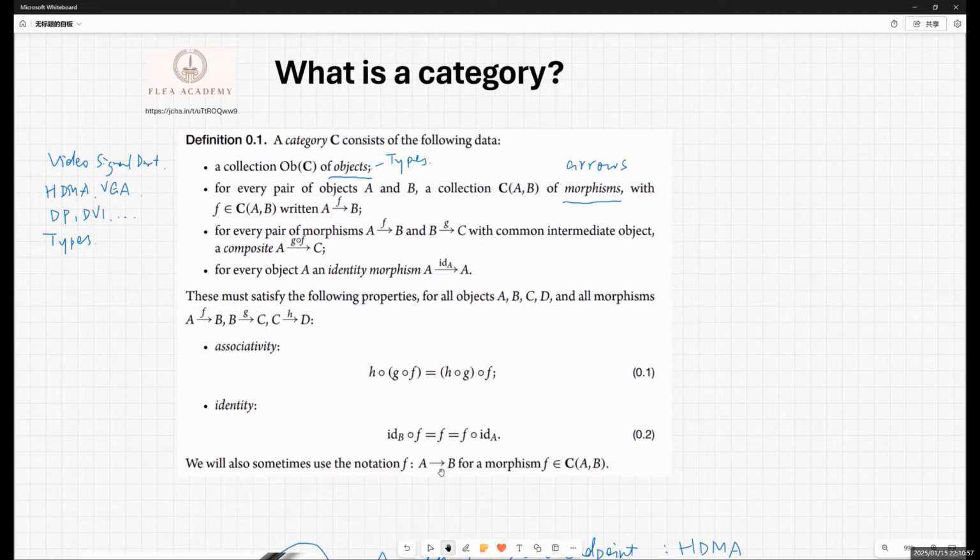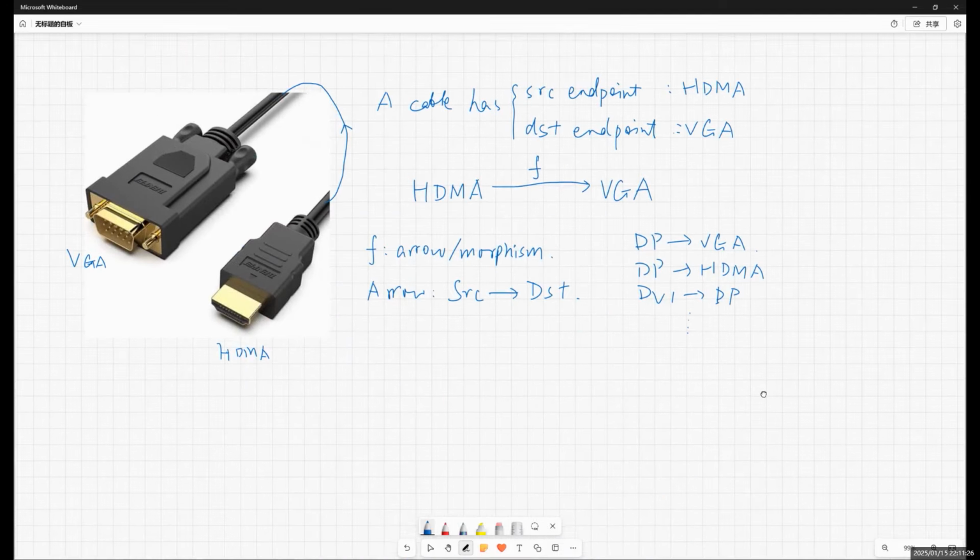And here is a composite. The composite involves a pair of morphisms. This is a morphism, and this is another morphism with a common intermediate object to make a composition. So we still use the example of cables.